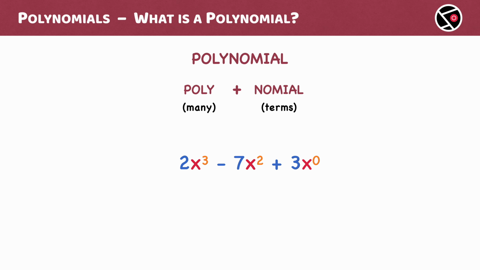So in summary, a polynomial has many terms, and each of these terms has a variable, a power, and a coefficient. Now let's look at the general form of a polynomial.